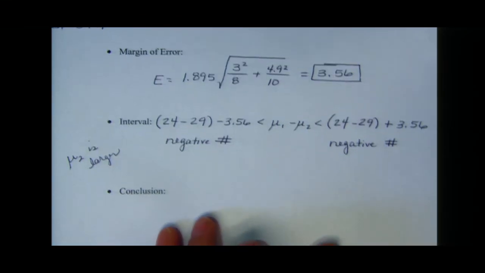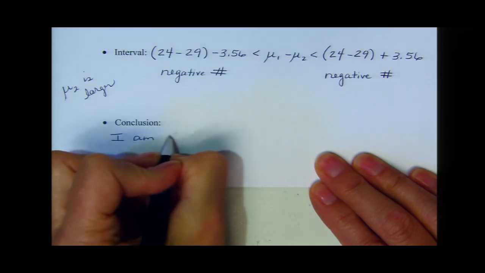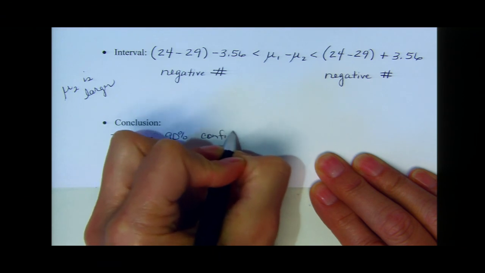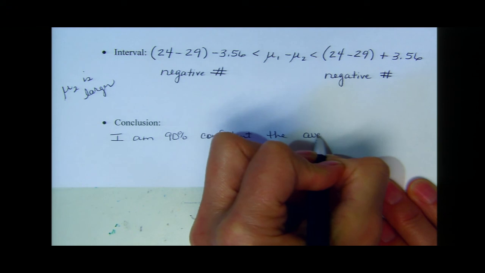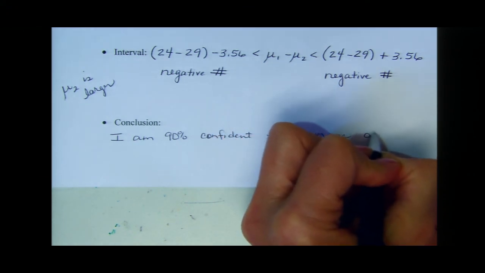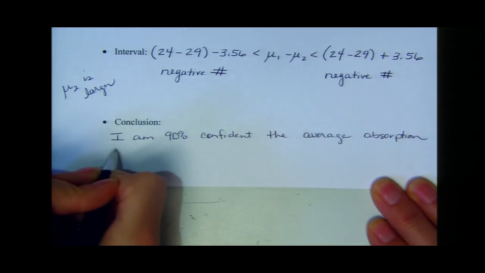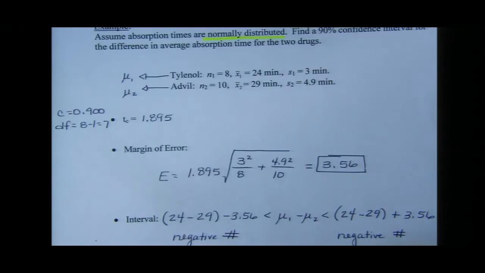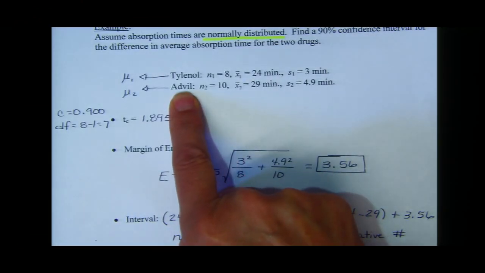So then your conclusion: I am 90% confident the average absorption time for, okay, mu2 is larger, so Advil, the absorption time is longer, or it is slower.